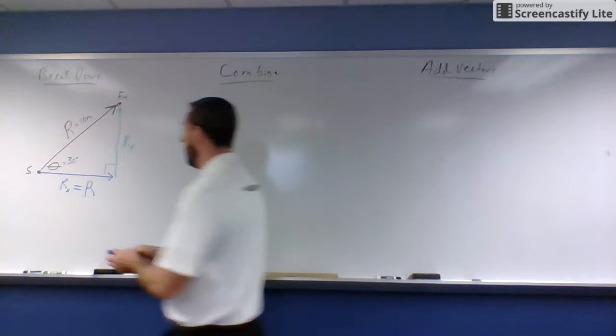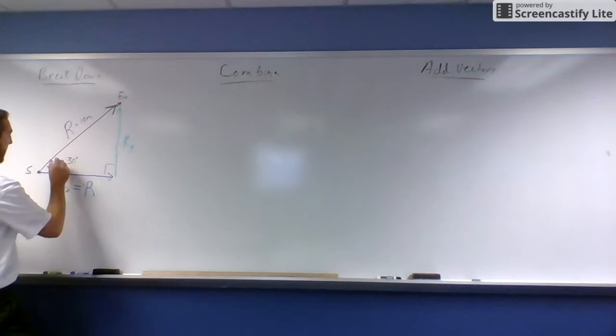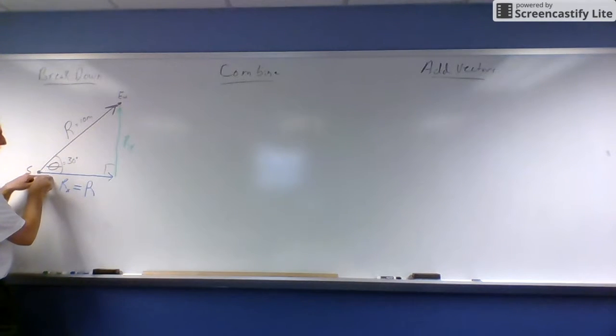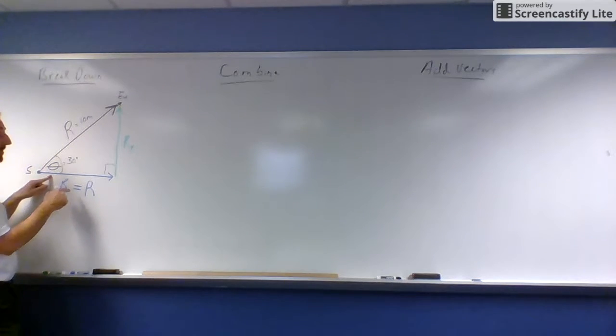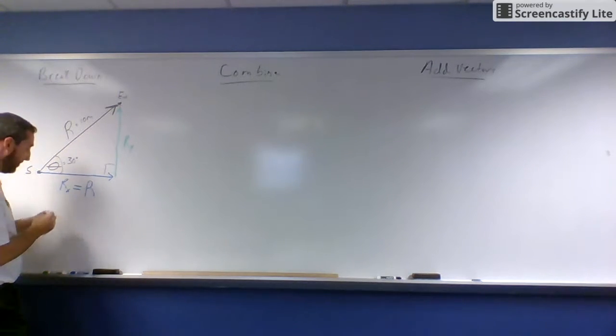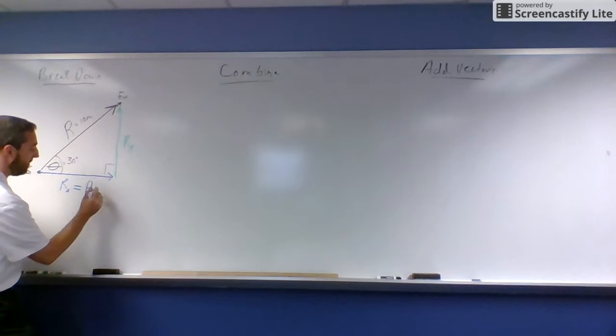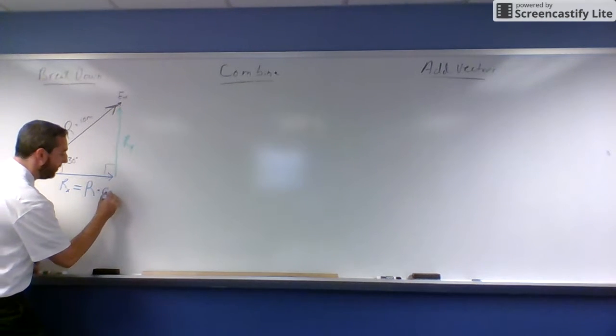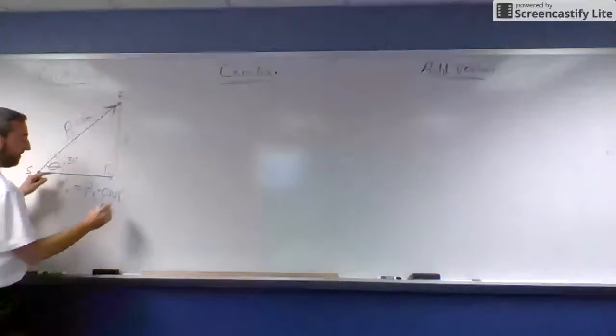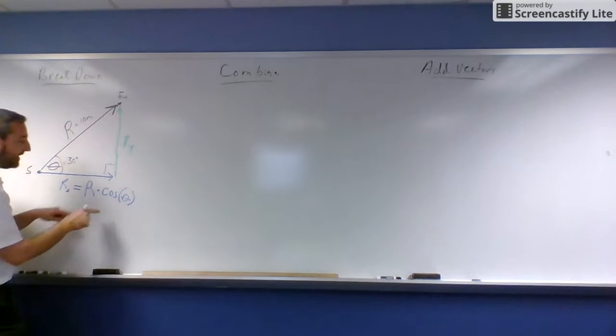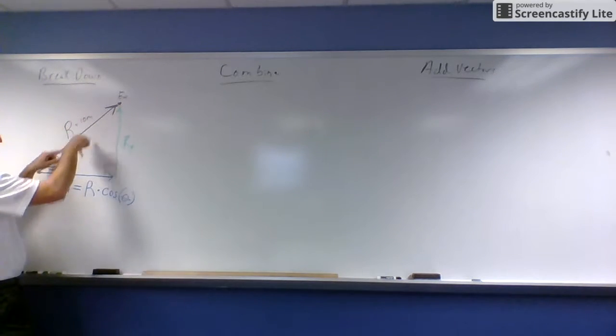So when you have an angle and you want to learn about the thing adjacent to the angle, next to it on a right triangle, we're going to use the cosine function. So if I said R times cosine of this angle, it's going to give me the projection of R onto the x-axis.